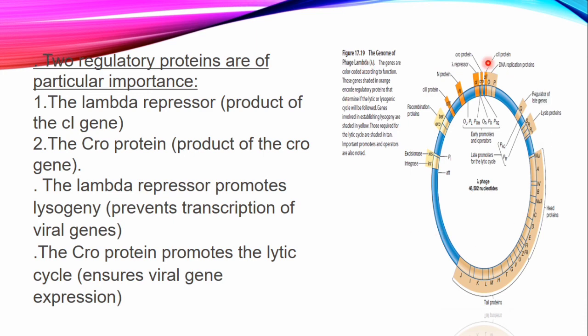This is how the cascade of the lambda phage genome happens, and how these genes are activated to decide whether to enter the lytic cycle or the lysogenic cycle.